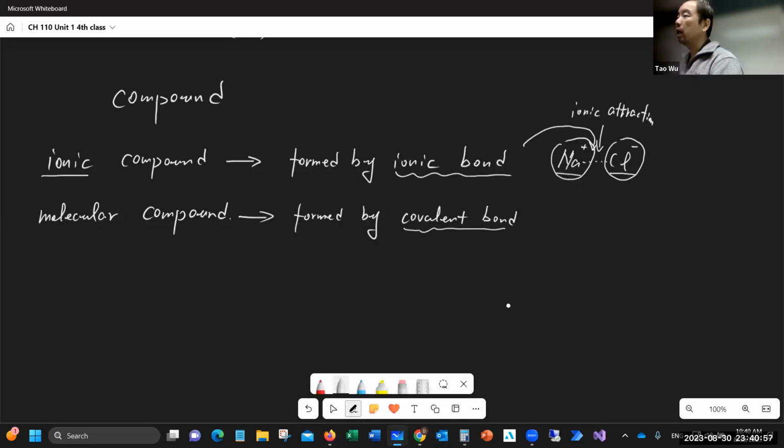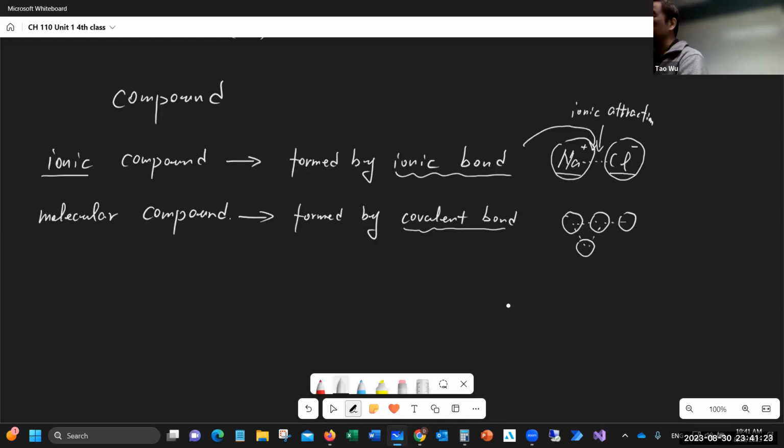But the molecular compound is not formed this way. Molecular compounds do not have ions. If they have ions, then it is called an ionic bond. So we have several atoms grouped together, but not by an ionic bond.